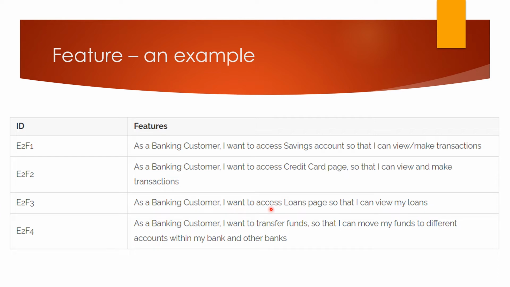As a banking customer, I want to access the loans space so that I can view my loans. You can create another feature for fund transfer, another for credit card. It's not as simple as that. Each feature can be roughly a month of effort, or two months, or three months. I'm giving you a rough idea.